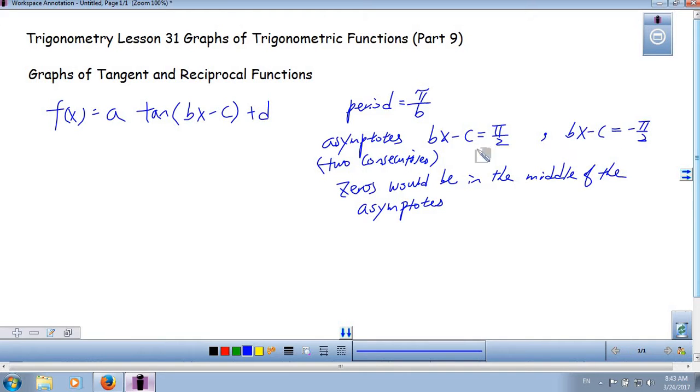So once we graph the two vertical asymptotes, then we know right there in the middle is where our zero is going to be. Okay, so let's go ahead and take a look at some examples and see how we can deal with this.